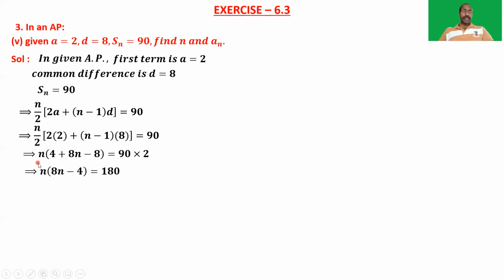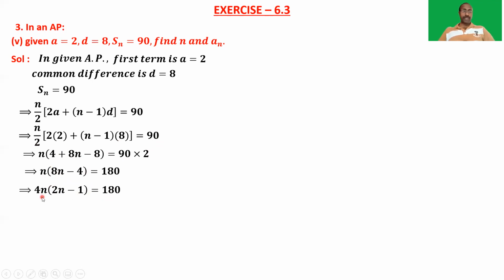So that is n into (8n plus 4 minus 8, that is minus 4) is equal to 180. Now we can take 4 common on the left side. By taking 4 common, that is 4n into (2n minus 1) is equal to 180.